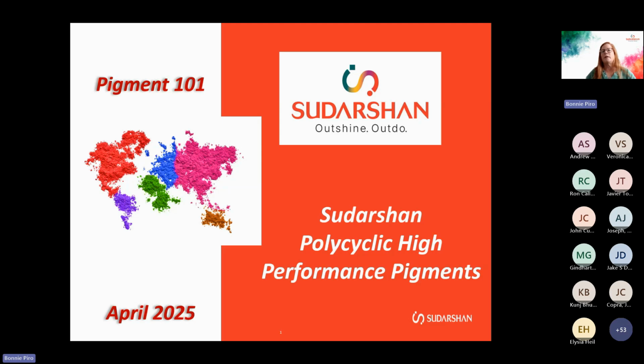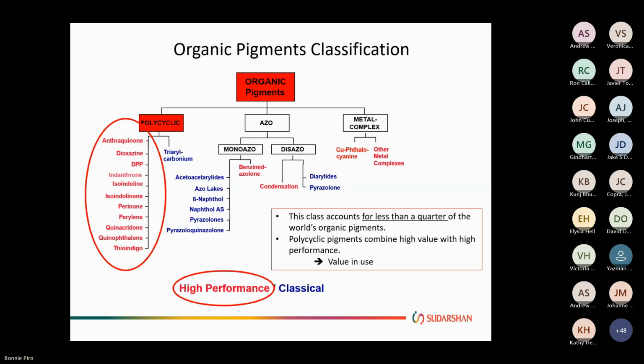We are talking about the polycyclic high performance pigments in this webinar. There are a number of chemistries included in this class of organic pigments.